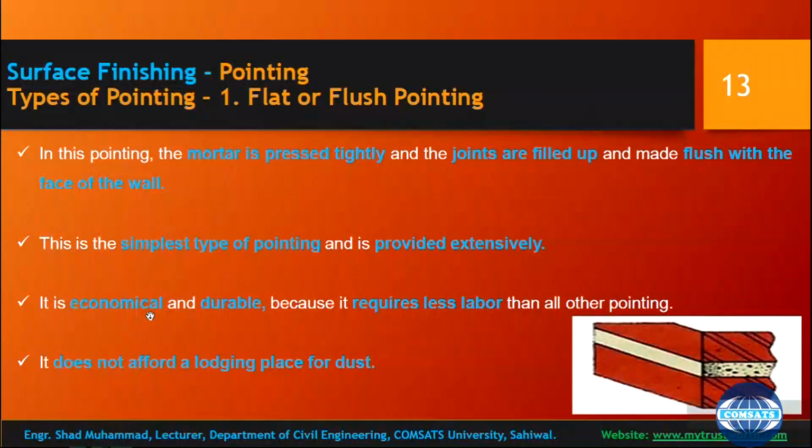Every economical material cannot be ensured to be durable, and every durable material cannot be ensured to be economical. So they do not have any relationship. Anyhow, this reason is linked with economical.